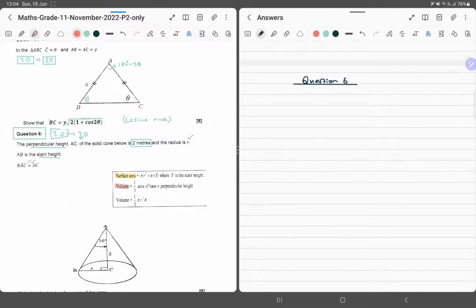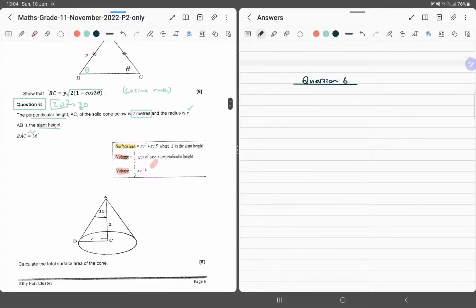And we can also do the volume that says 1/3 of pi r squared times height. Oh yeah, that's the same thing. It's just the formula for the same thing. So this is the same thing as what we are given. Okay, not a problem. So what do we do?